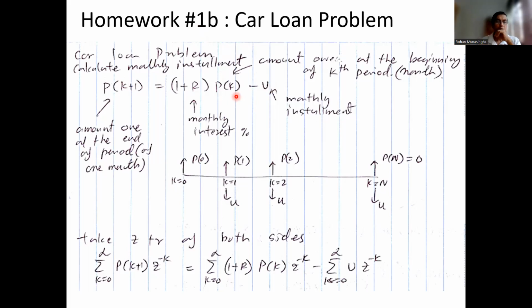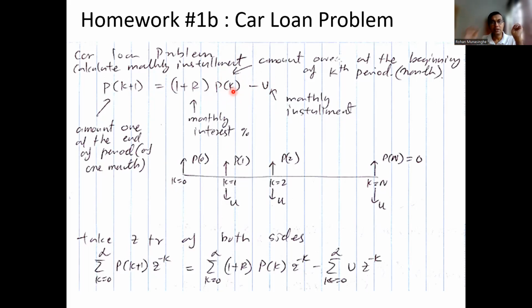Now, what we want to do is calculate this U. How much should I pay back every month? Okay, what is that amount for an initial loan? This PK is not the initial loan, but if you set K to 0, it is the initial amount. It is the initial amount that you receive from the bank, the total loan.